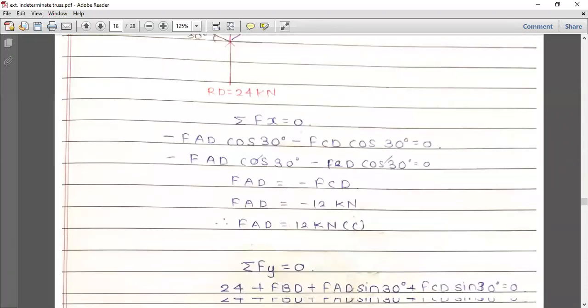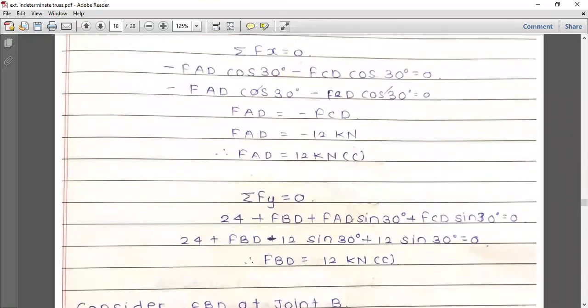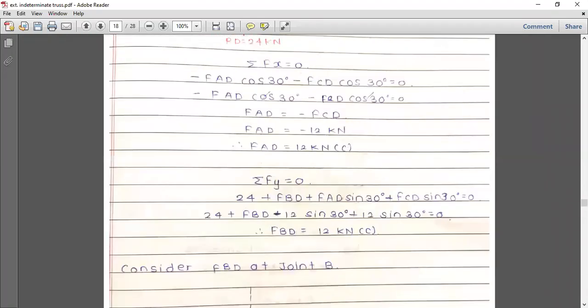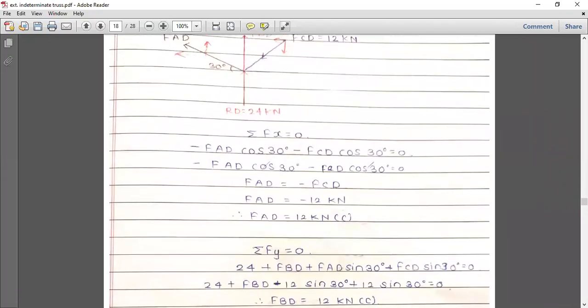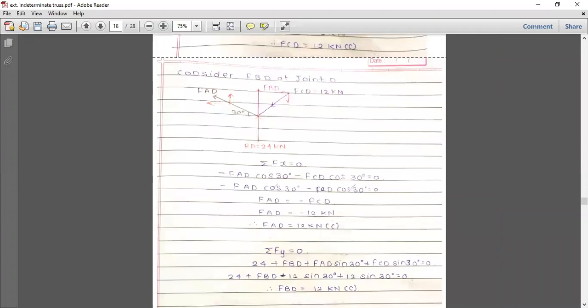Now to this free body diagram, apply summation Fy equal to 0.